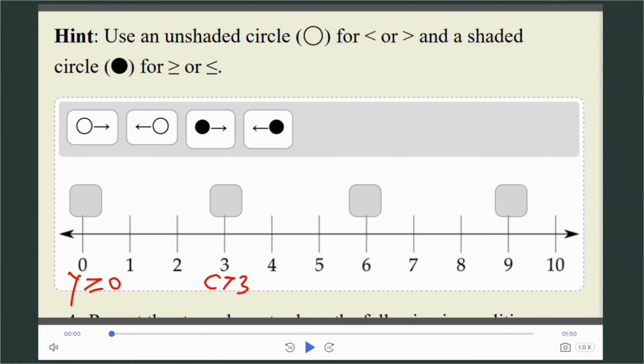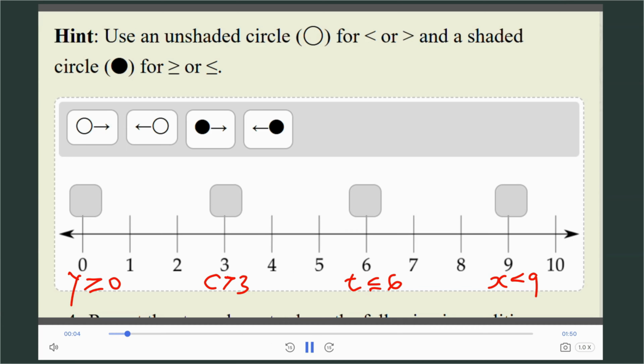For 6, we are supposed to find t is less than or equal to 6. And for 9, we are supposed to find x is less than 9. Okay, let's see how we went about it.